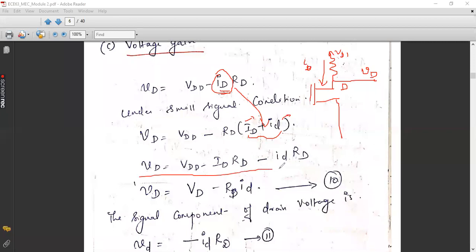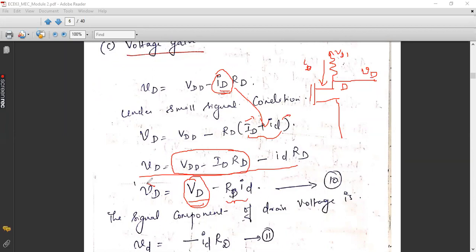Now, if you see this equation, VDD minus ID RD is a pure DC component. We don't have any AC terms in that. So VDD minus capital ID RD can be considered as a pure DC voltage, which I will represent as capital V with uppercase subscript, that is VD. So this is your drain voltage, which is a pure DC component minus the AC voltage drop across the drain resistance.